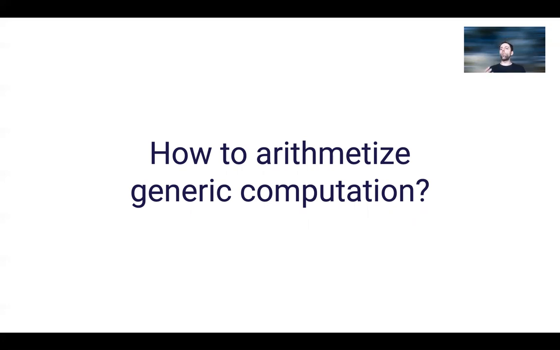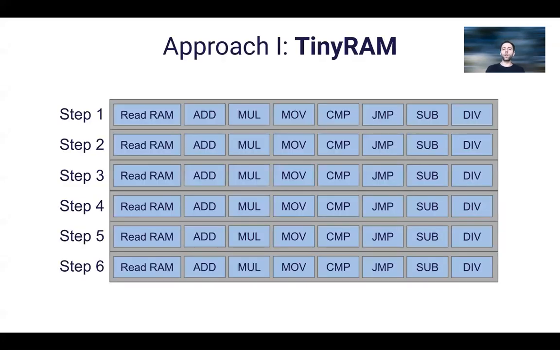So we need to find a way to have multiple contracts coexist. So let's go through the history of ideas that were tried in this area. We will start with an approach called TinyRAM, which is already 8 years old. And this is a really fantastic idea.